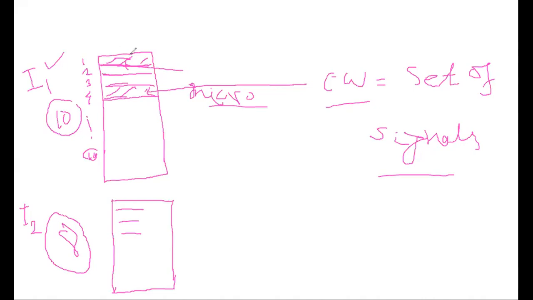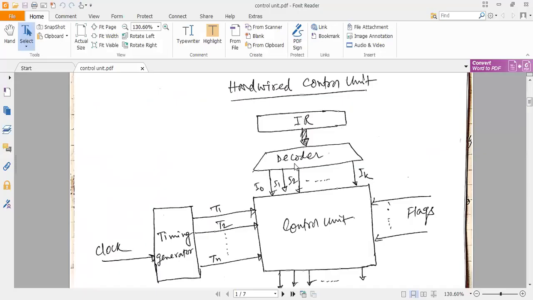So come to the previous one. I want to mention here that a decoder is there. So lots of instructions are there: I0, I1, I2, up to IK. For individual micro instructions, a timing signal is generated by the timing generator.